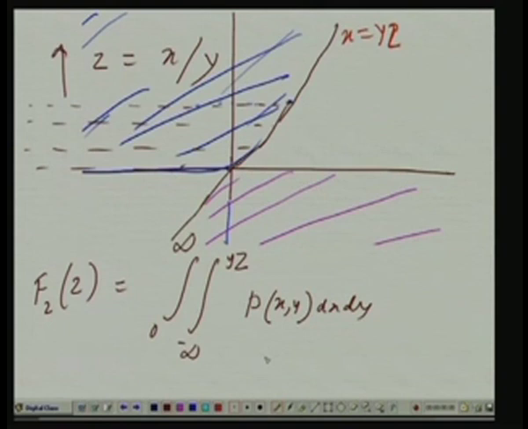That is one side of the story, and there is another integral for this lower area. Here again I take this line, and I take x from this point on the line to infinity. For a given y, again x is from y z up to infinity, and then y goes from minus infinity to 0.